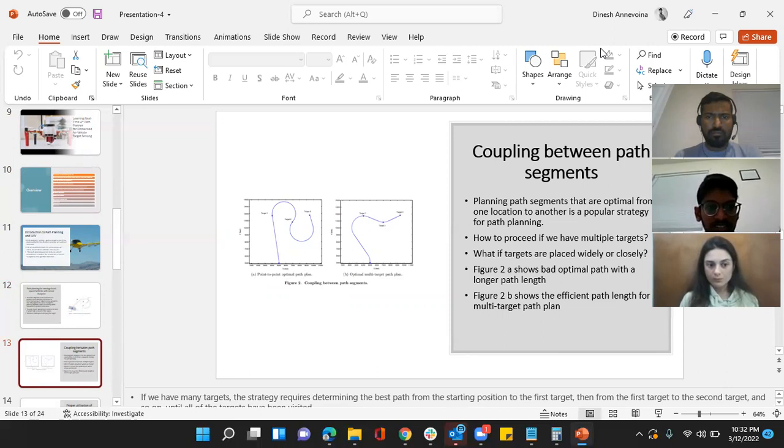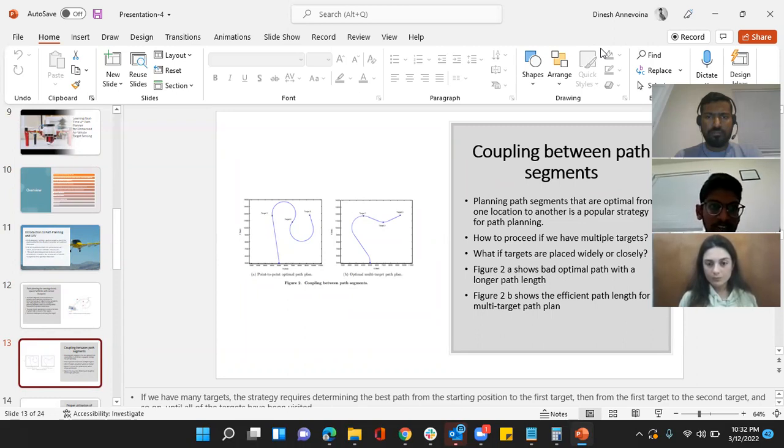This strategy works well even if we have multiple targets placed widely relative to the vehicle's turning capabilities, as long as they are visited in the specified order. As shown in figure 2a, it is a bad path compared to figure 2b.